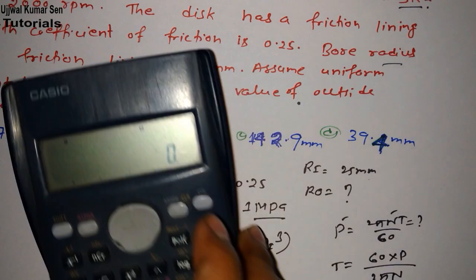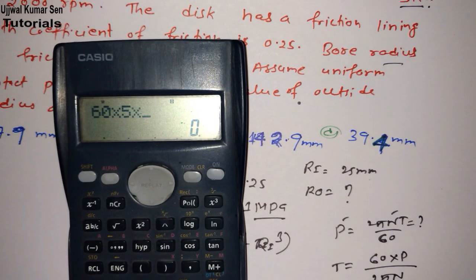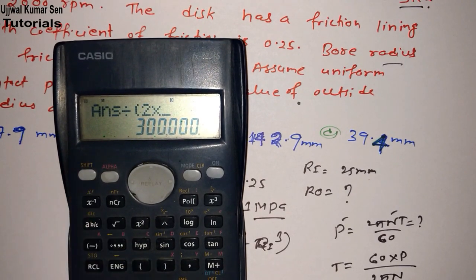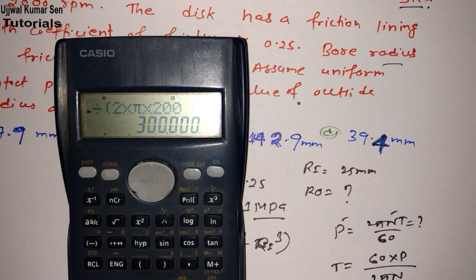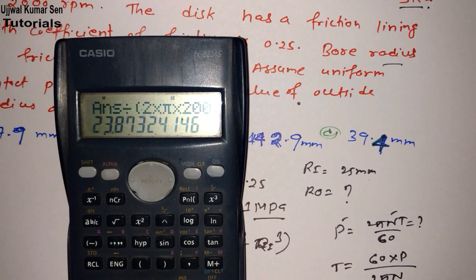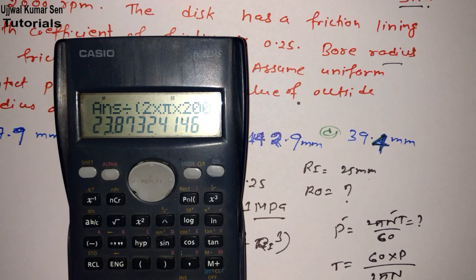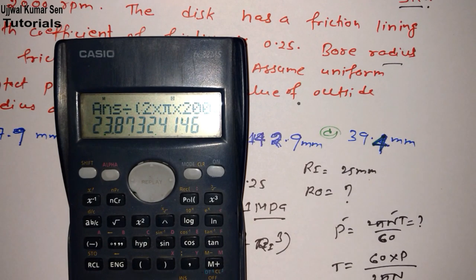So we just need a calculator. Without a calculator it would be difficult for us to get this. It's 2000, right? So what is the value we are getting? 23.8732 Newton meter. It's not kilo, because we have already taken that.